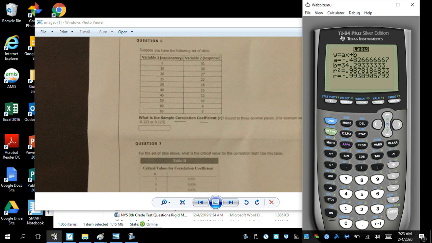It essentially means if you graph these two sets of numbers, you can almost draw a line straight through it, okay? And I know this line is going down because your correlation coefficient is negative 0.9938. So the negative is just as good.